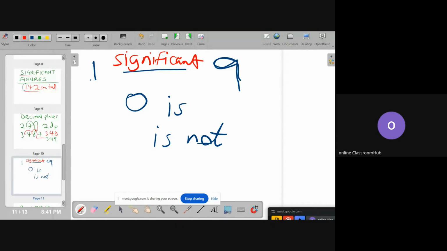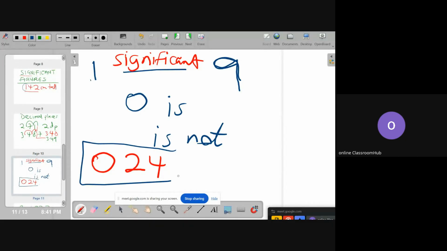So for example, if you have 024, what is the value of this number? You all say that it is 24.